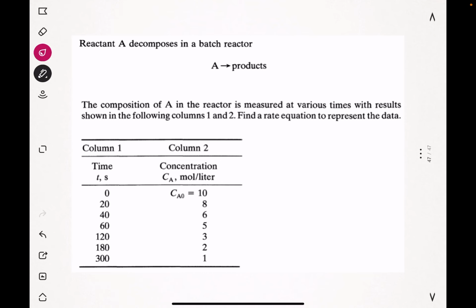Directly the concentrations of a reacting fluid were given, so it was very easy for us to fit it in the equation we already have. But what if we don't have the concentration? We have some other properties which are somehow related to concentration. It may be pressure, it may be, say, electrical conductivity or any other property. So how do we deal with those kinds of data? We'll look into that in the next class.